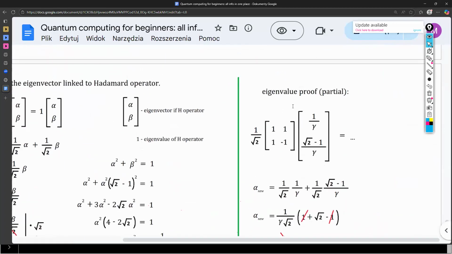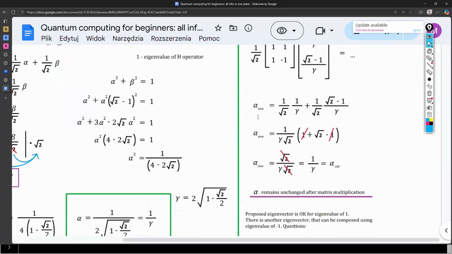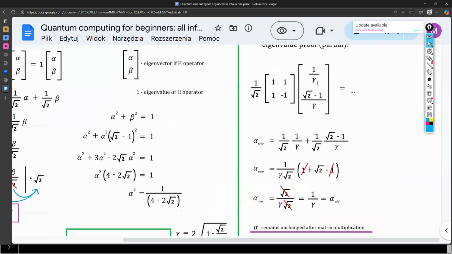What you can also do is, so this is a partial proof. For example, here I type in the same vector and get one of the vector components back. I didn't do it for the other one.